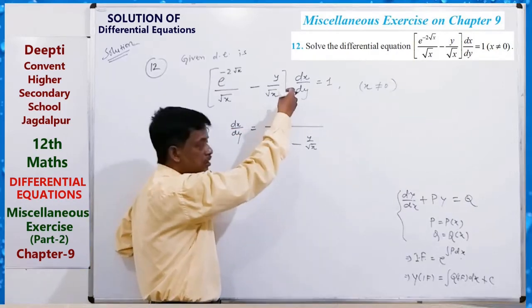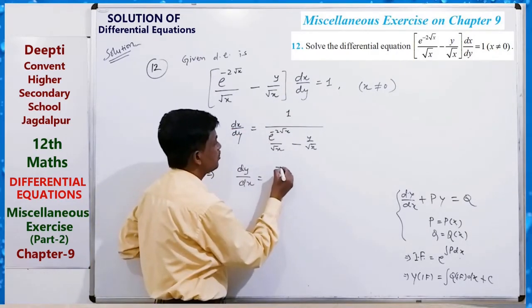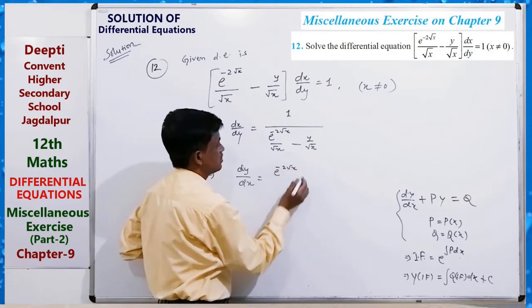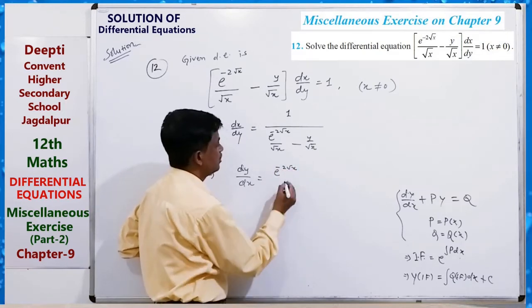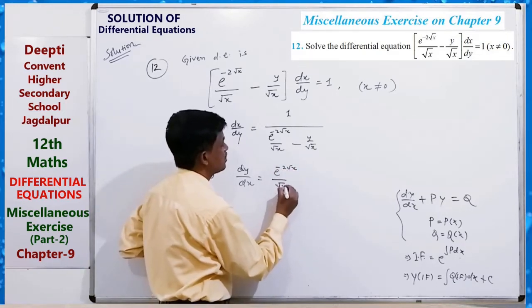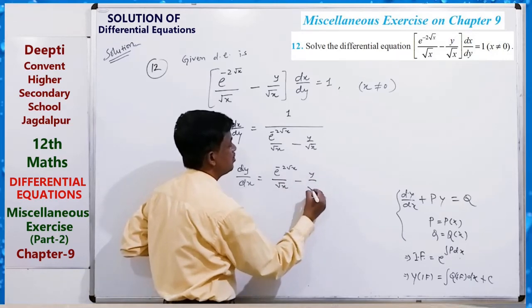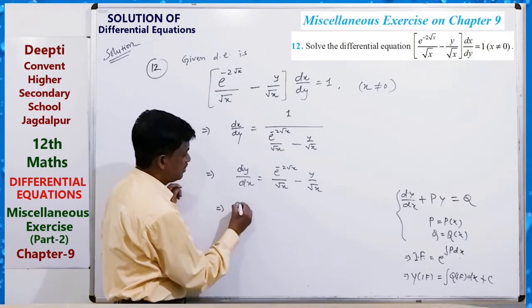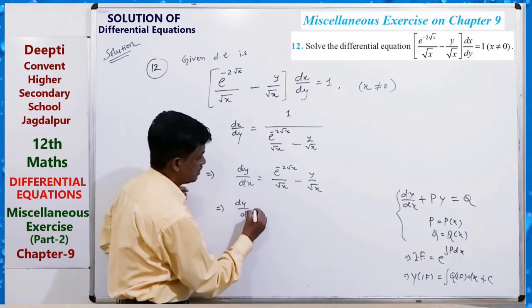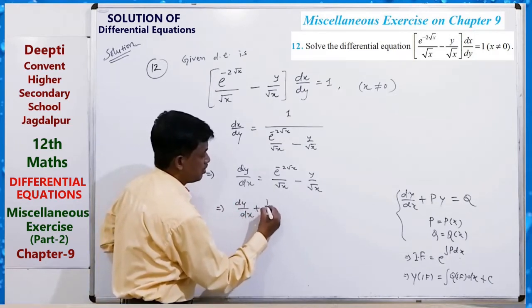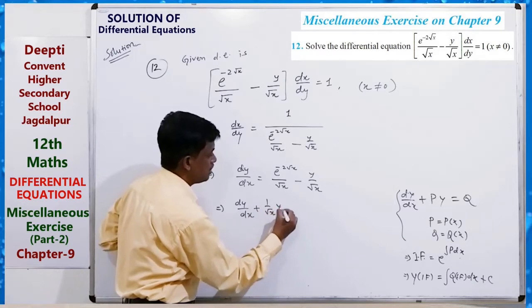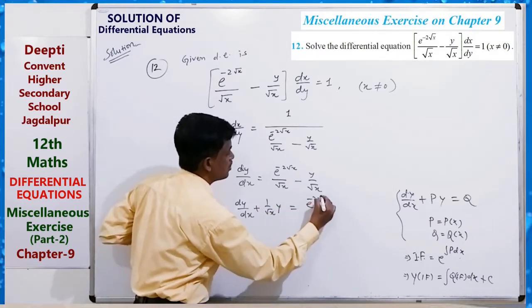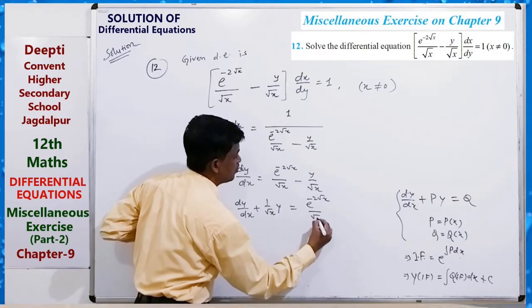So we get dy by dx equals the inverse: the numerator is e to the power minus 2 root x upon root x, and the denominator is 1 minus... taking it inverse, this is the format dy upon dx plus 1 upon root x times y equals e to the power minus 2 root x upon root x.